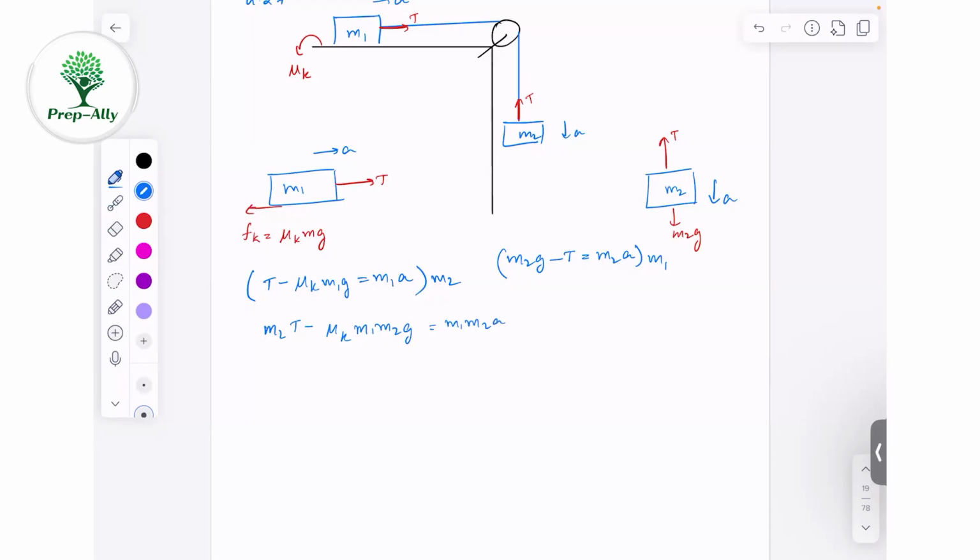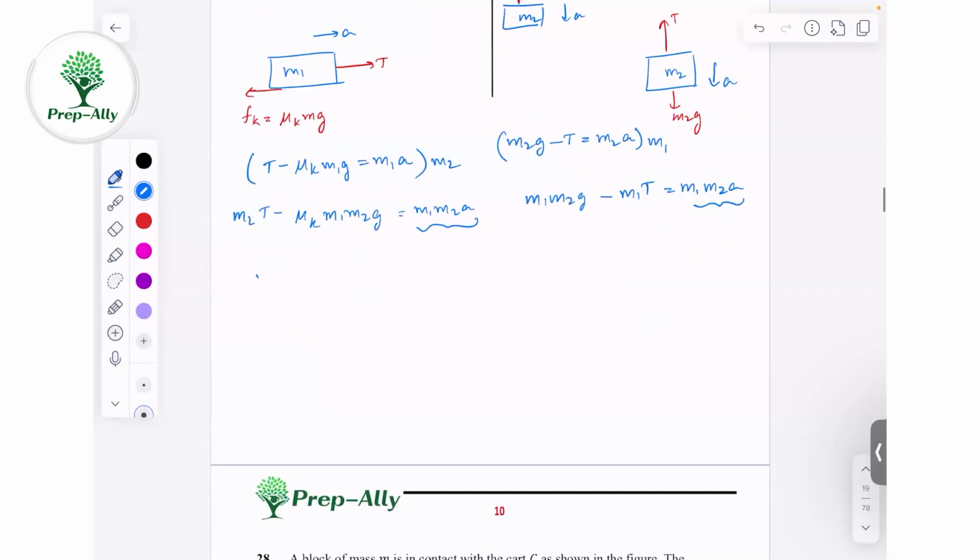On the same lines, we are going to get m1 m2 g minus m1 T equal to m1 m2 a. Do you see these two are equal? So we can equate the LHS of both the equations. So we get m2 T minus mu k m1 m2 g equal to m1 m2 g minus m1 T.